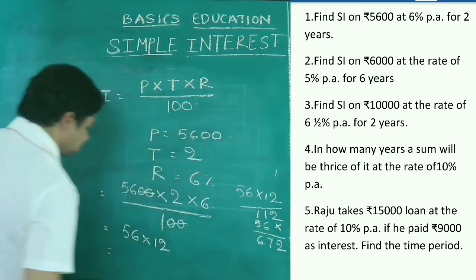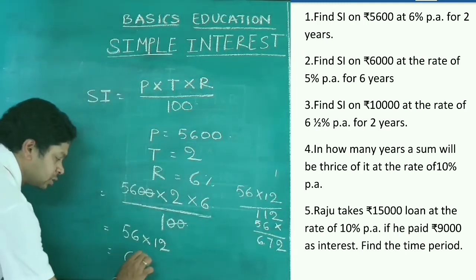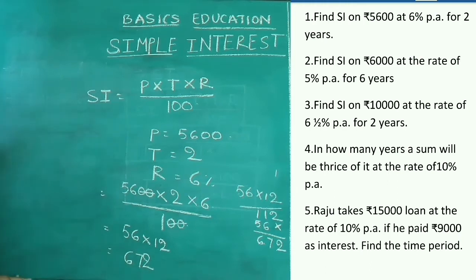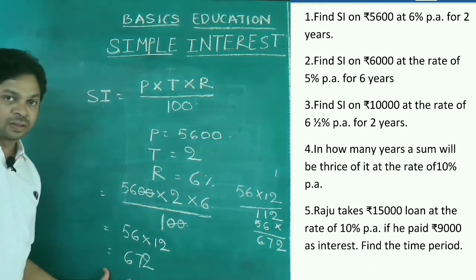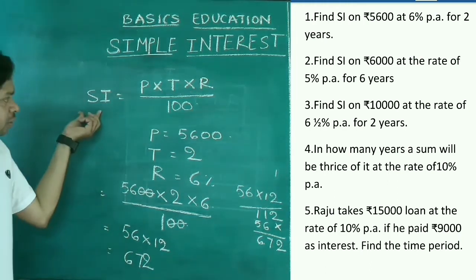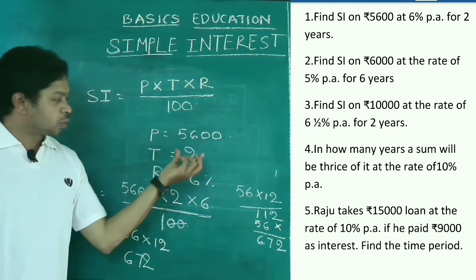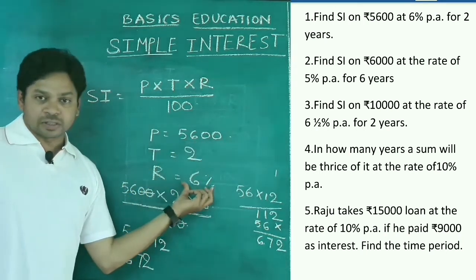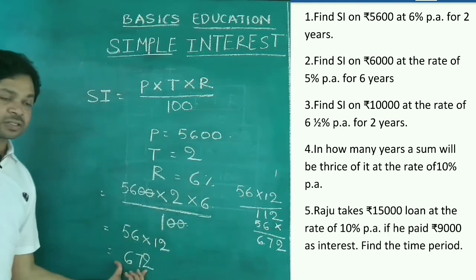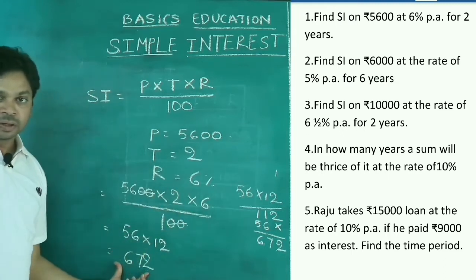So the simple interest is 672 rupees. That is the answer. Again, the simple interest on 5,600 rupees for 2 years at the rate of 6% is 672 rupees. Okay, then we will go to the next problem.